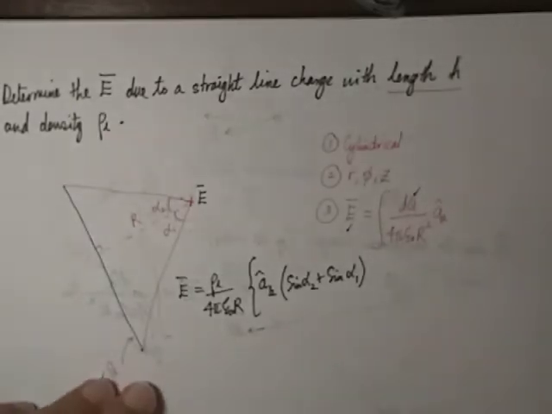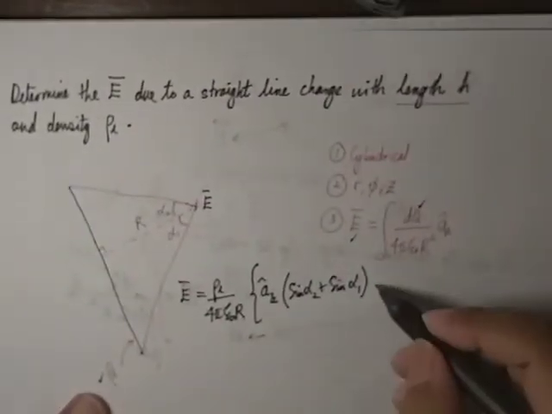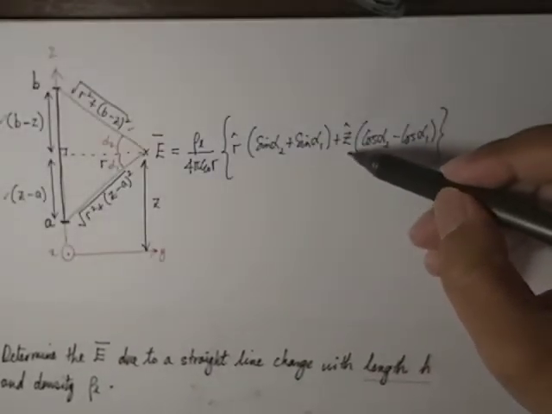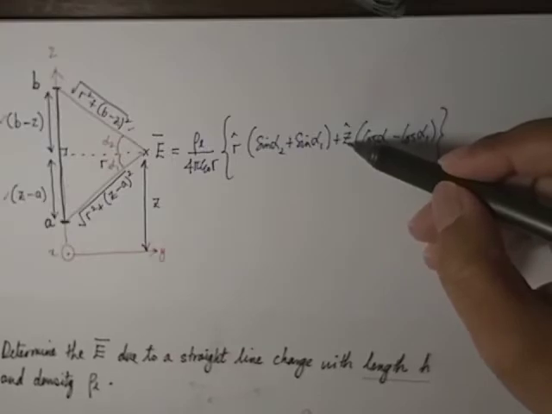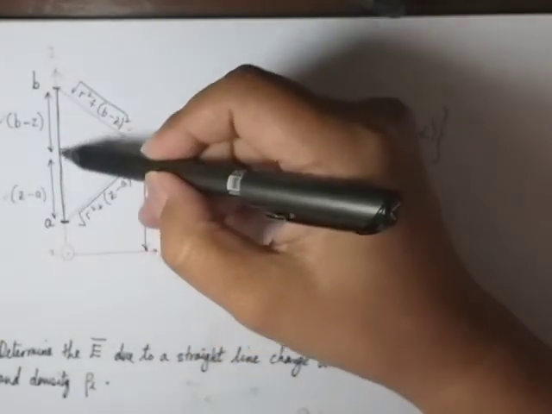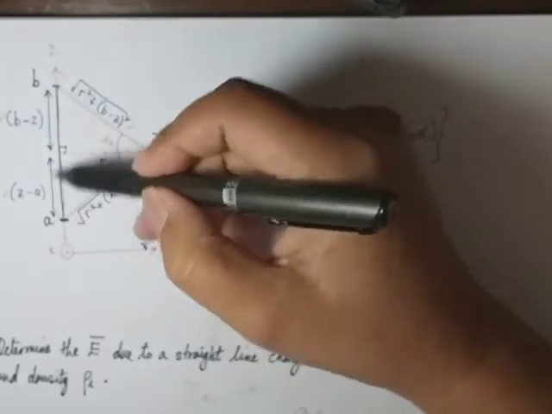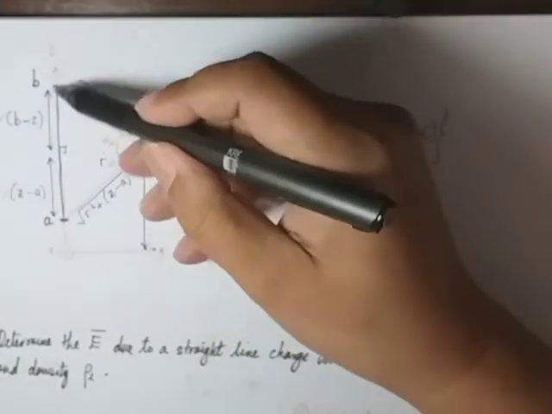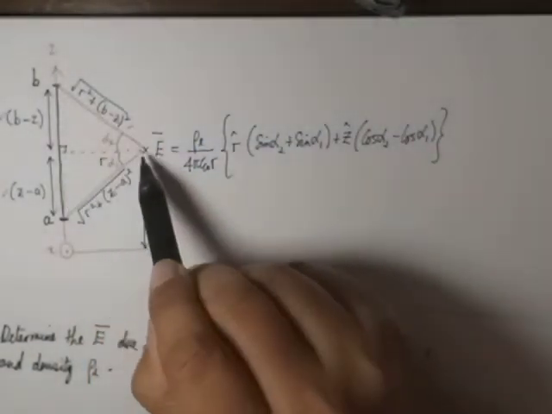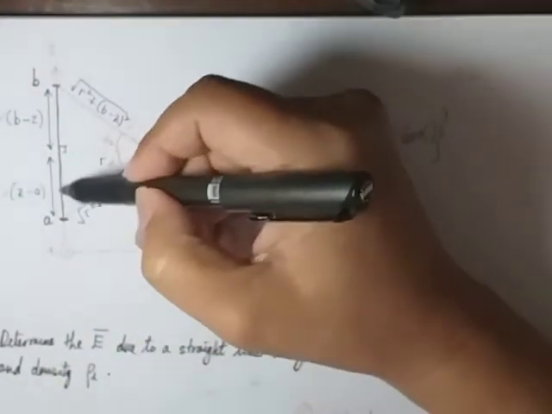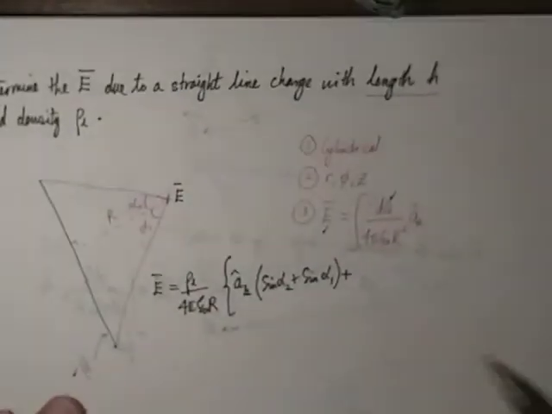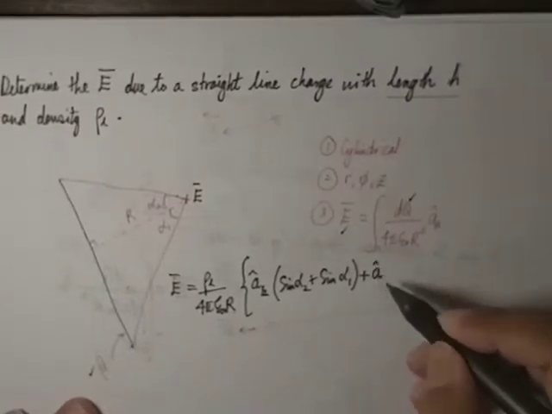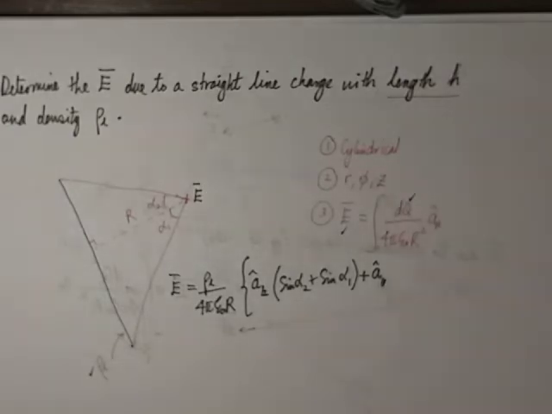Then we go to the next step. Plus, I'm going to put plus. Now there's a z direction. The z direction for us is following this particular movement along the z-axis, or in other words, this direction is parallel to the line charge. Agreed? This direction is normal to the line charge, and this direction is parallel to the line charge. So instead of the z direction, this should be the unit vector parallel to the line charge.